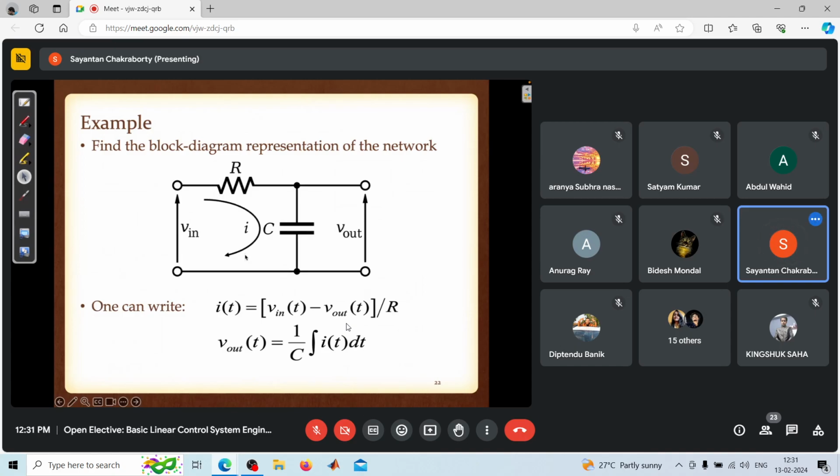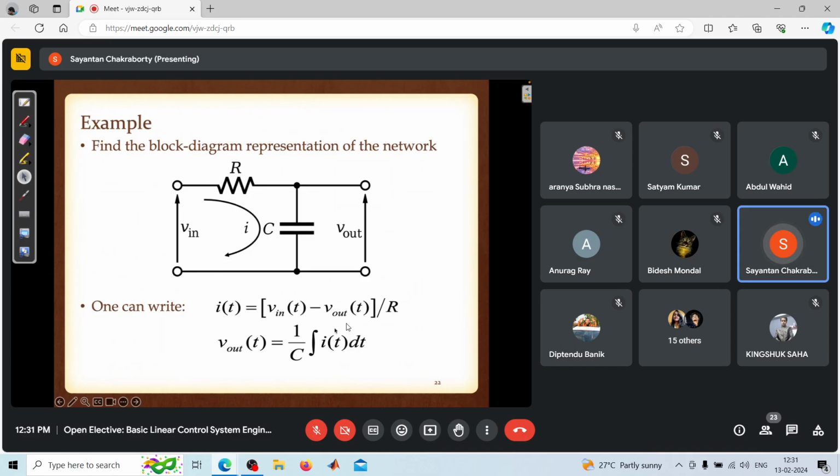Here the current i(t) is given by the potential drop across the resistance divided by the resistance. So it is (V in minus V out) by R, and this current, on the other hand, will determine the output voltage via this relationship.